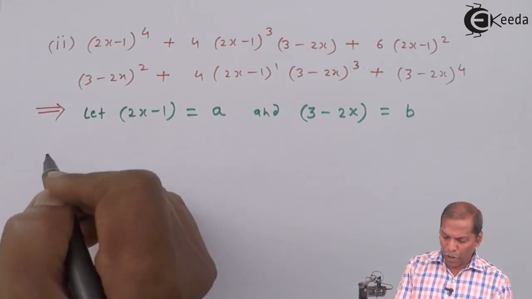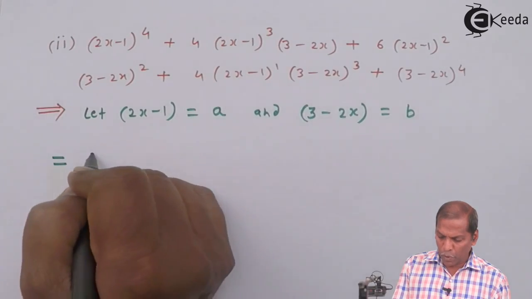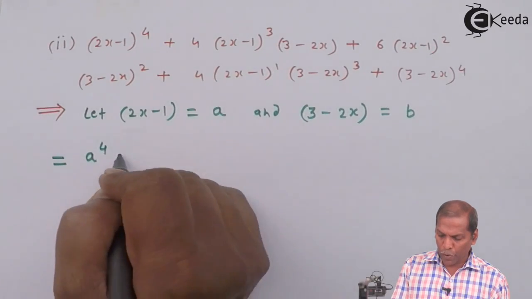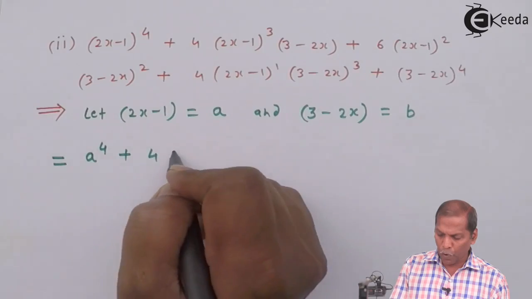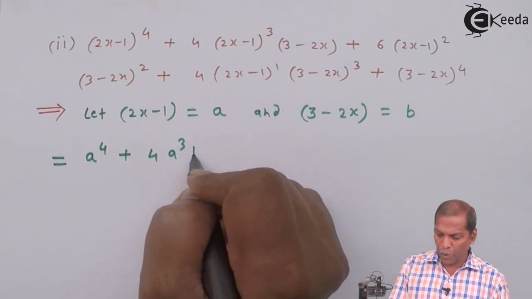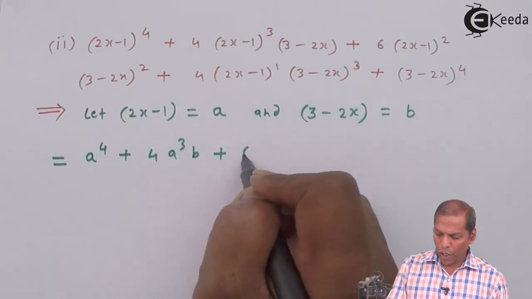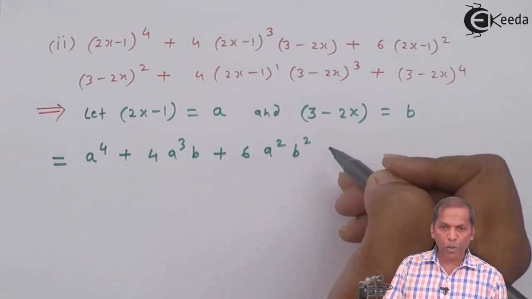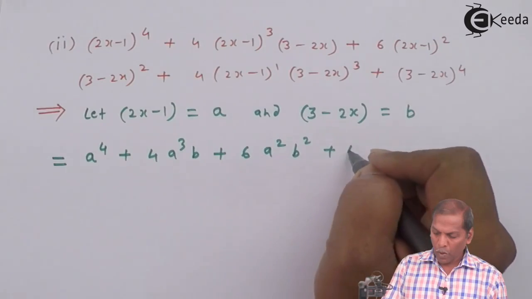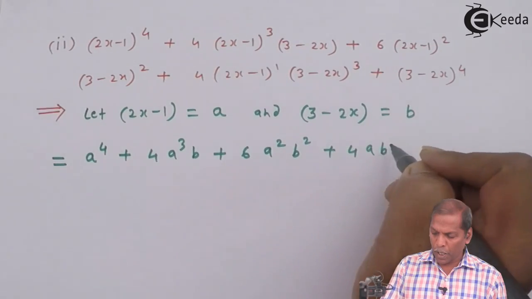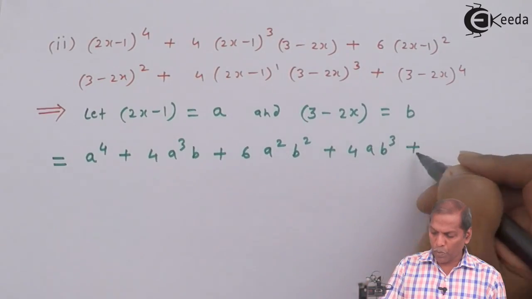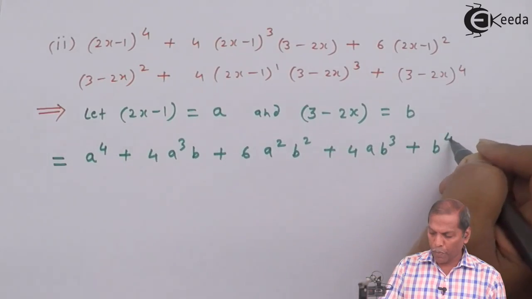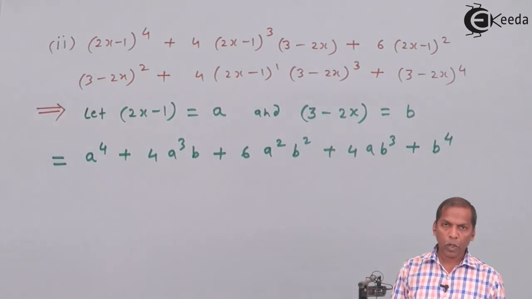So our problem becomes a raised 4 plus 4a cube into b plus 6a square b square plus 4a into b cube and plus b raised 4.